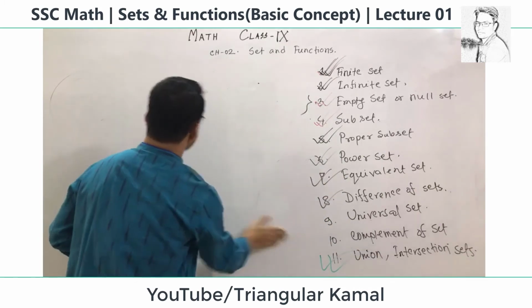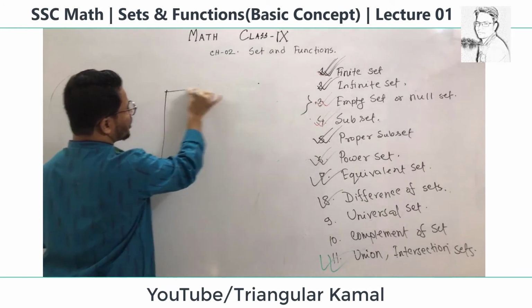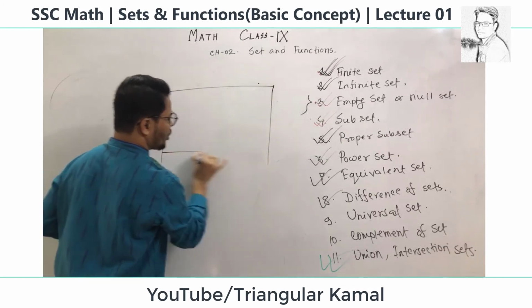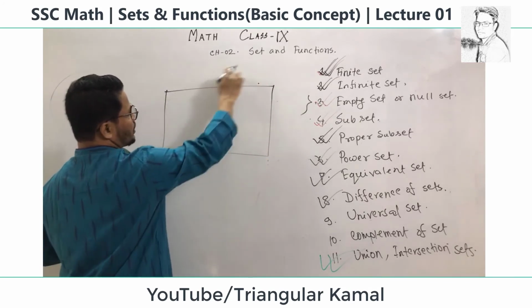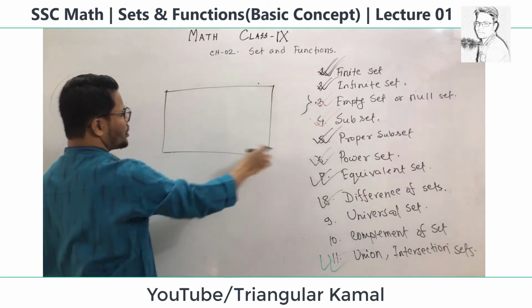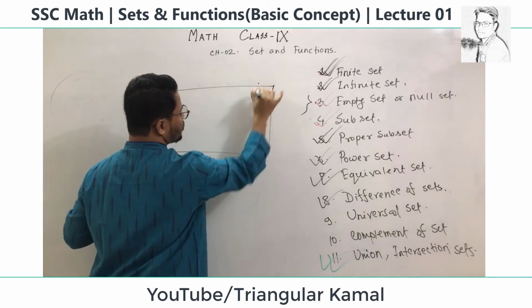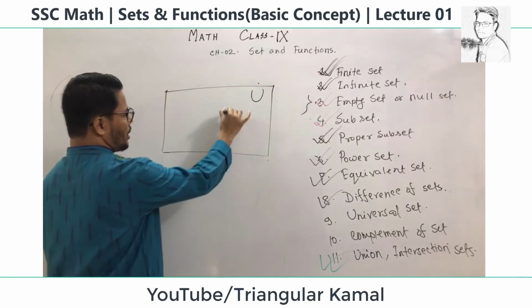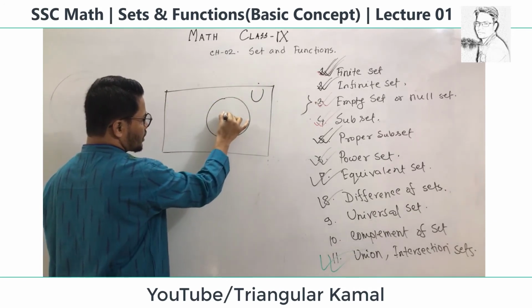Now আমরা এখন একটু দেখাবো, যেমন দেখো the number of students in a scholarship school inside this rectangle. The number of students in the scholarship school, we define them as a universal set. And the number of students inside this circle, they are the class 9 students.